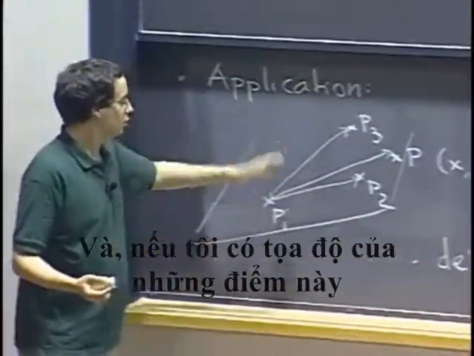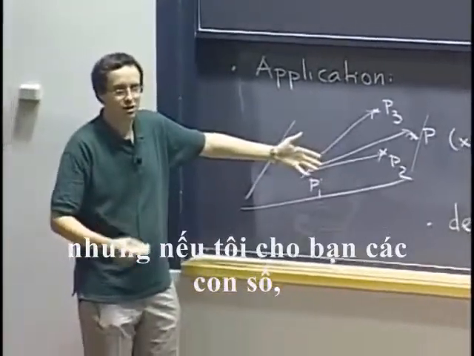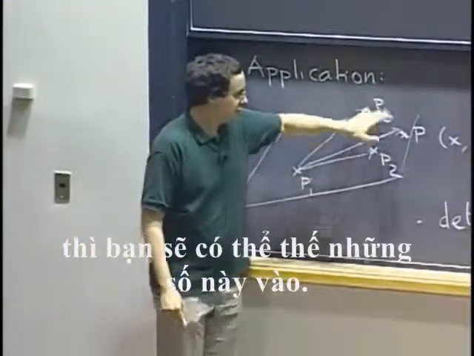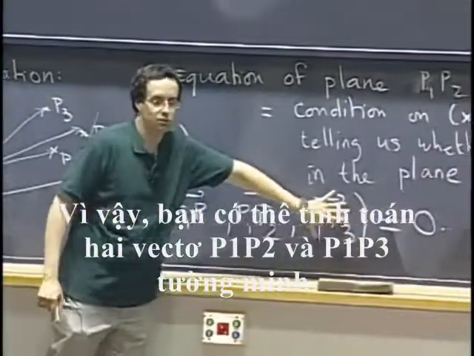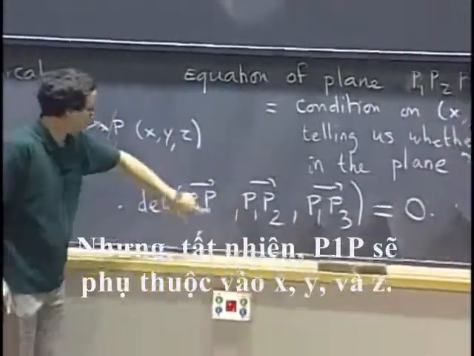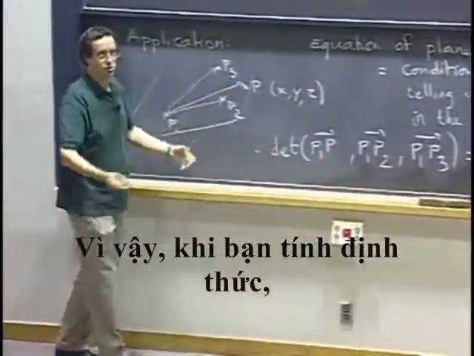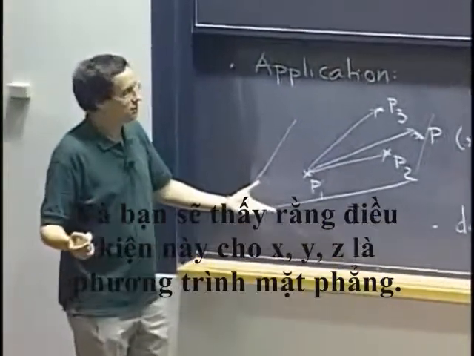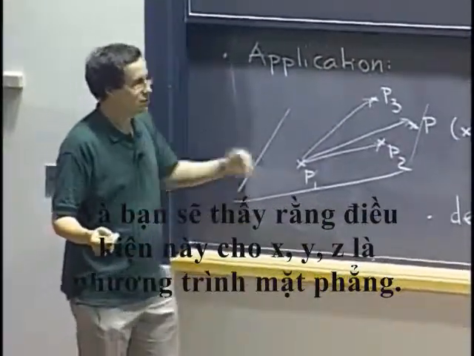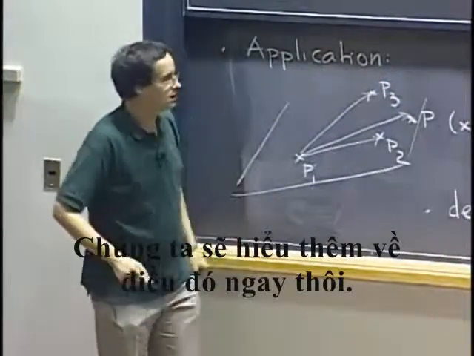And if I gave you numbers for these points, then you would be able to plug these numbers in. So you could compute these 2 vectors explicitly. You would have numbers here. But here, of course, this would depend on x, y, and z. So when you compute the determinant, you get a formula that involves x, y, and z, and you will find that this condition on x, y, z is the equation of a plane. Okay, so we're going to see more about that pretty soon.